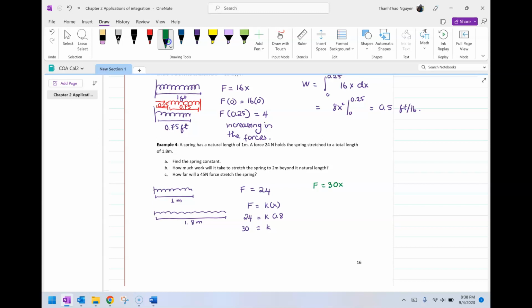If we want to find the work done stretching from 0 to 2 meters, we calculate the integral from 0 to 2 of 30x dx, and this is 60 joules.